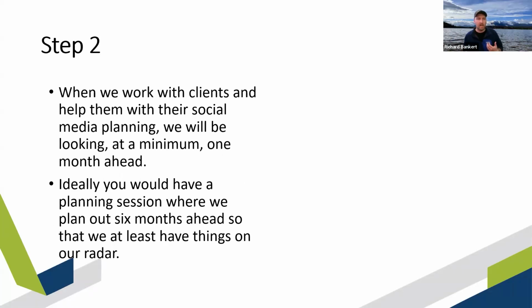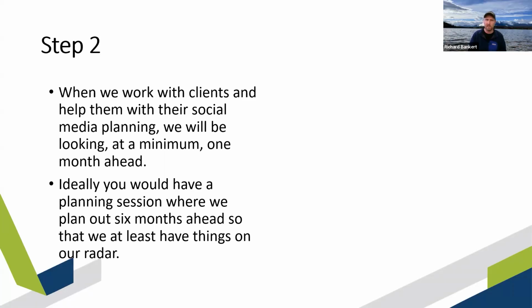So when we work with clients and help them with their social media planning, we'll be looking at a minimum of 1 month ahead. So by the 15th of the month, we want to be having a conversation about the next month's content so it can be prepped and scheduled and already in. Before that month even arrives, you want to have all of that stuff scheduled. There are lots of tools that you can use. Say you're just using Facebook. Facebook has social media planning built right into it. You can schedule your posts.